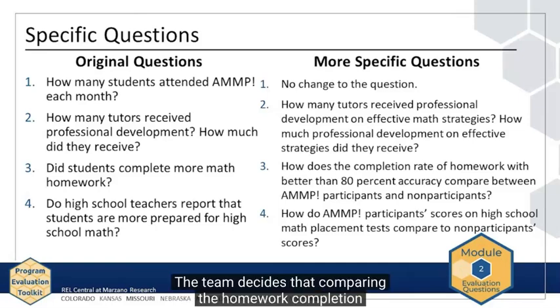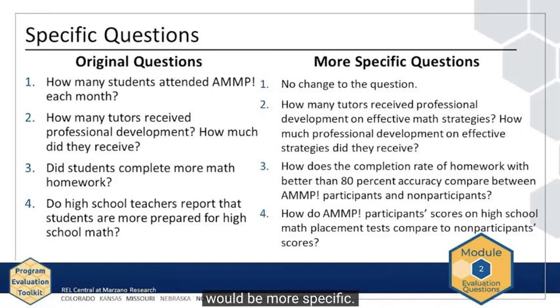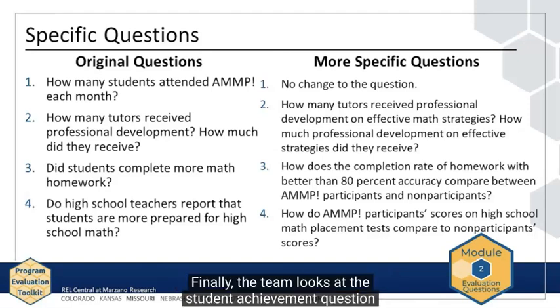The team decides that comparing the homework completion rate for AMP participants with the rate for non-participants would be more specific. Finally, the team looks at the student achievement question and decides that a comparison of student scores on high school math placement tests would be more specific.